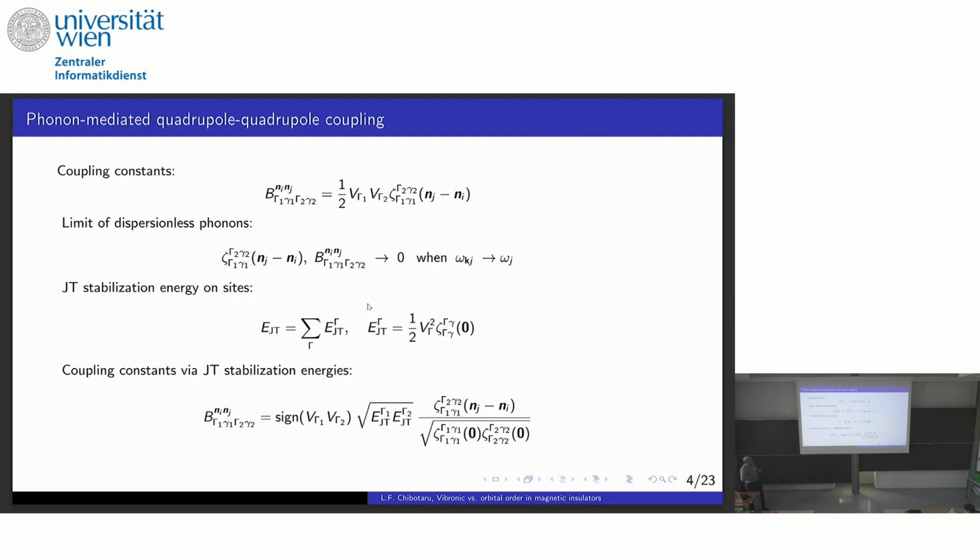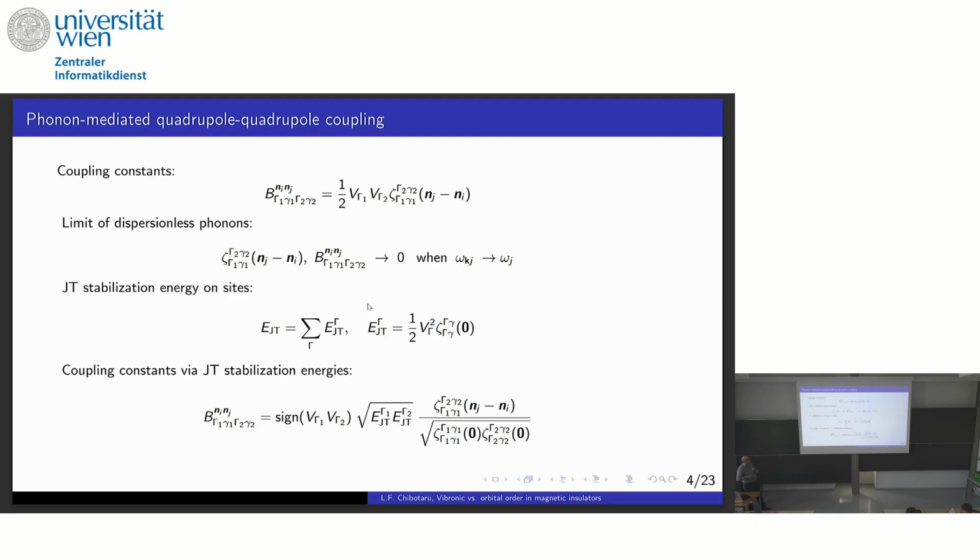You can express these effective coupling constants, phonon-mediated coupling constants, via these Jahn-Teller energies. The Jahn-Teller energy is this quantity. So this zeta for one site is the inverse of the square of the effective frequency. So this is the Jahn-Teller stabilization energy.